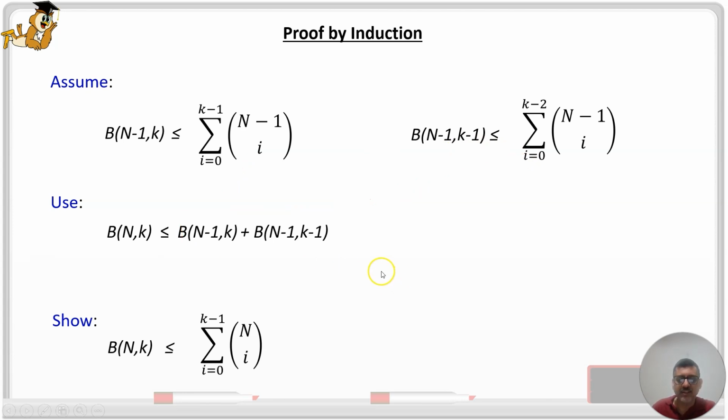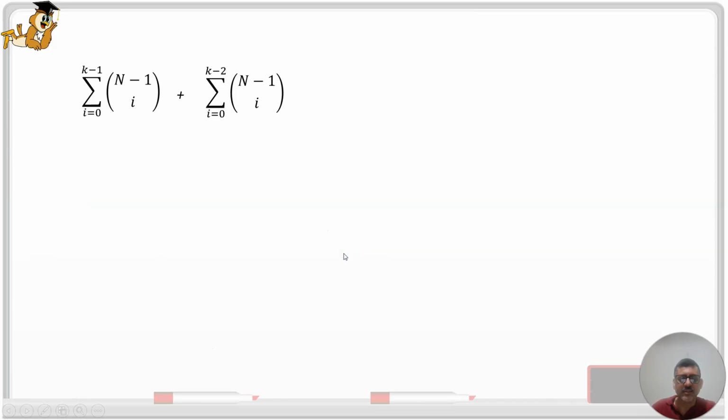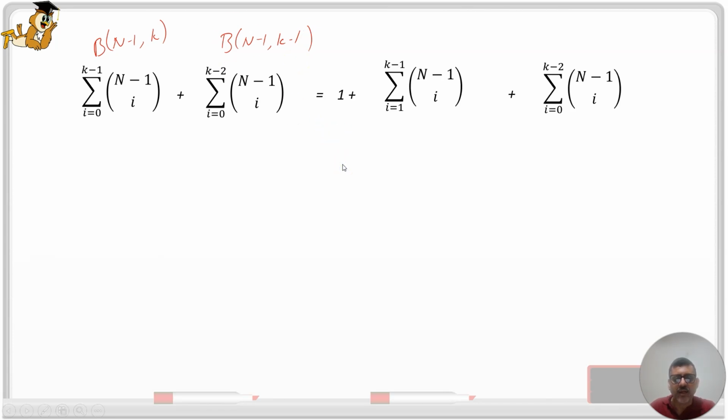My right hand side is simply the summation i going from 0 to k minus 1 of n minus 1 choose i, plus the summation i going from 0 to k minus 2 of n minus 1 choose i. So once again, this was B(n minus 1, k), and this was B(n minus 1, k minus 1). And I've just added these two together.